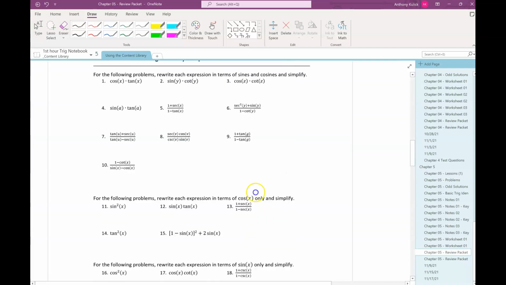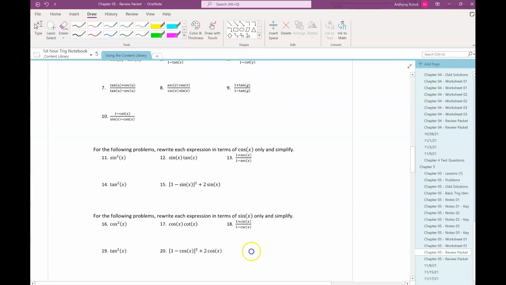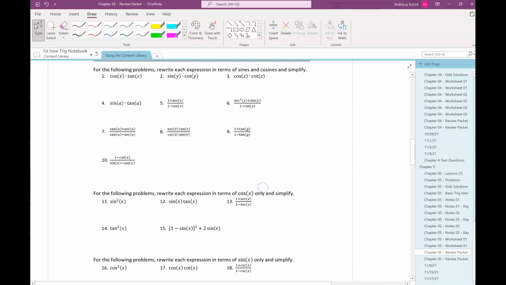Or I'm sorry, page 1 is just directions about the test format. But page 2 of the review is just more of these simplifying problems. That's what I'd like you to spend some time working on, to get a little bit more accustomed to this process, using your identity sheets.